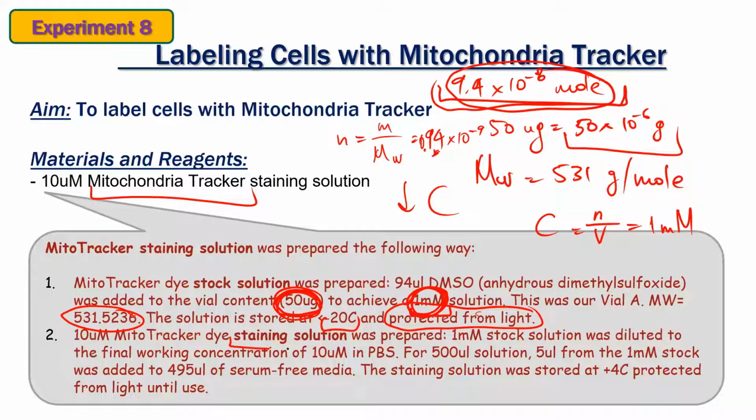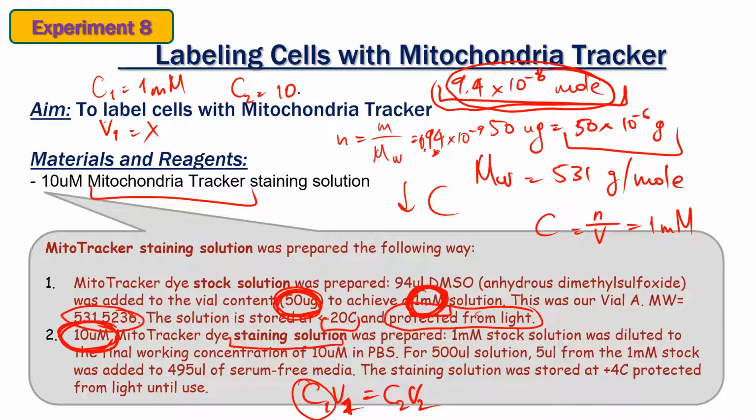When we are ready to stain, we need to get this stock solution, which is 1 millimolar concentration, and bring it to 10 micromolar concentration. To this end, as always, we are using the mother formula of lab math, which is C1V1 equals C2V2. In this case, C1 would be your 1 millimolar. V1 would be X, because you want to identify the volume that you need to take.